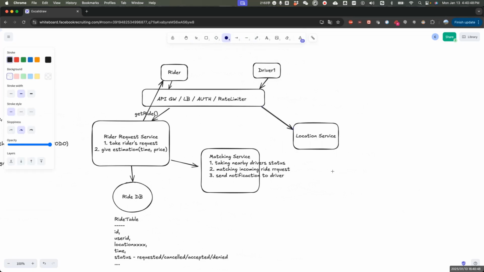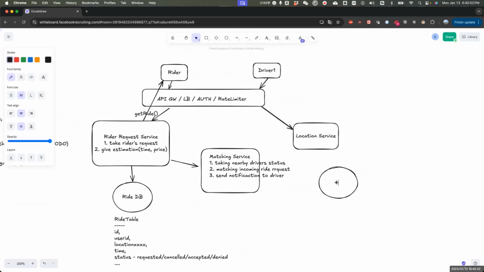For the location service, we're gonna have some location DB that quickly listens to the driver's location. So over here, it's fairly obvious that we could basically use WebSocket.